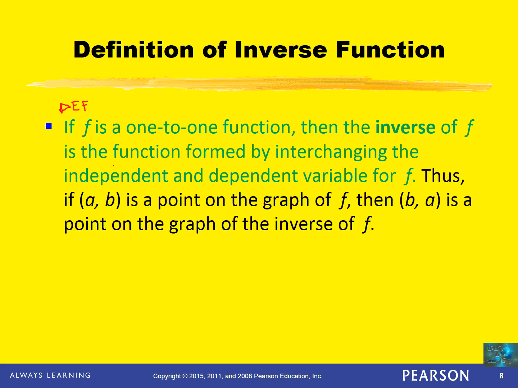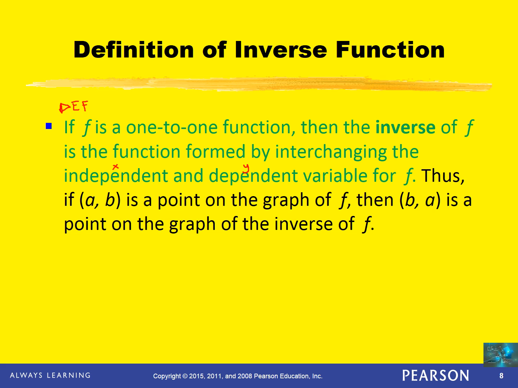Independent variable is x, dependent variable is y. You're going to switch x and y, and when you do that, you get the inverse. Now, this also works for individual points on the graph of a function. If a point (a, b) is a point on the graph of f, then (b, a) is a point on the graph of the inverse of f.